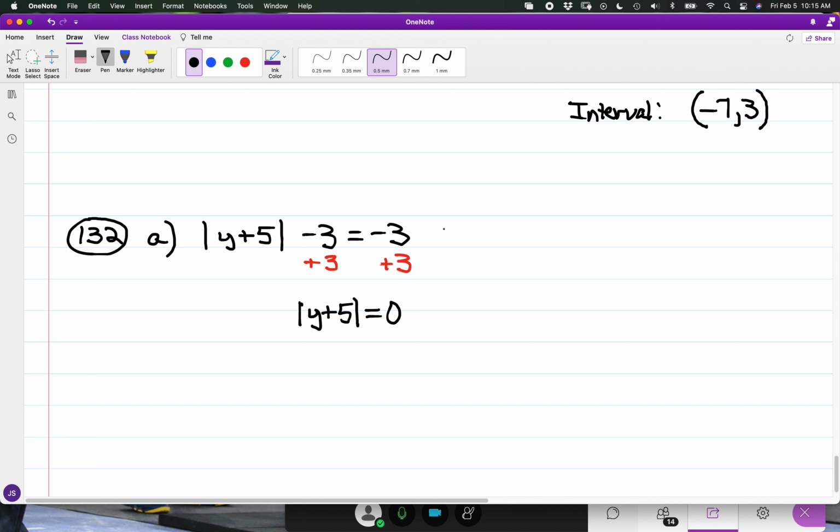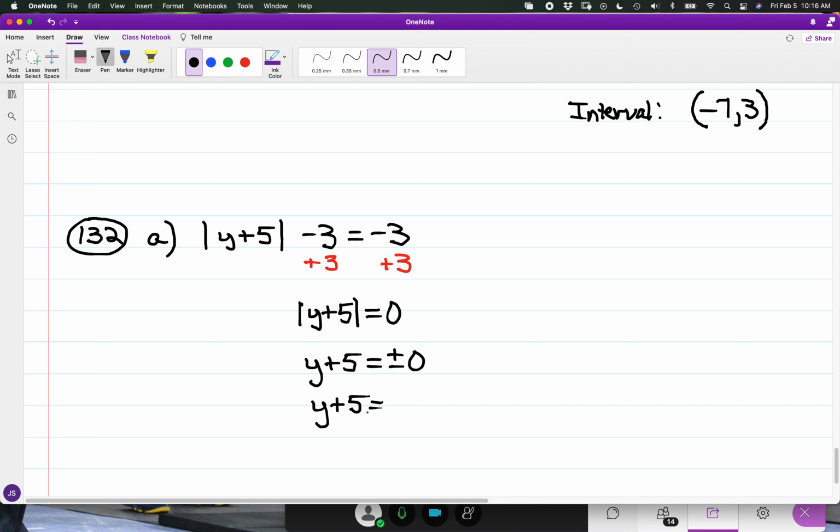And guess what? Once I remove the absolute value bars, we have that y plus 5 is equal to plus or minus 0. Well, guess what? 0 is not positive or negative. You might have positive infinitesimals and negative infinitesimals, but we're not talking about this.